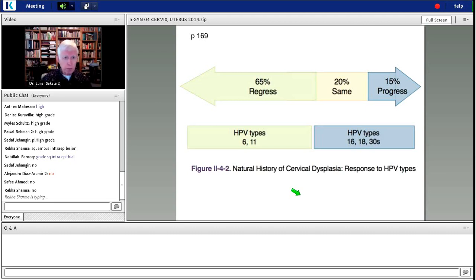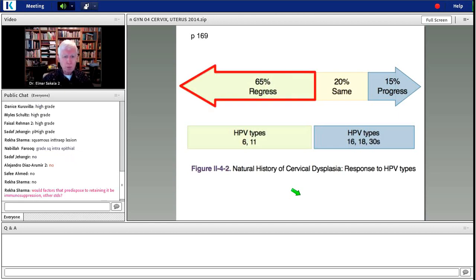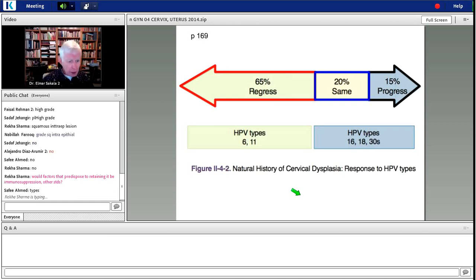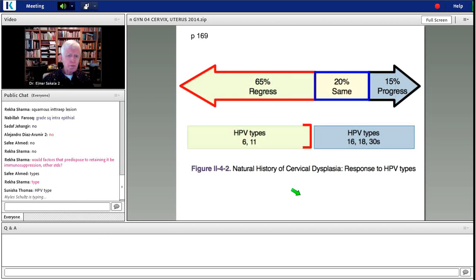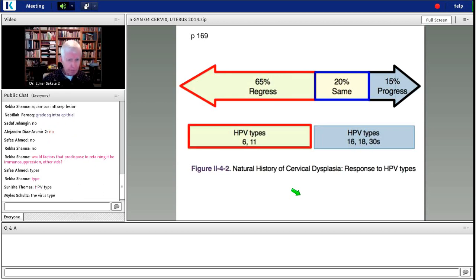All right, this is in your book on page 169. And what I was just saying is that the majority of HPV will spontaneously regress. 20% will stay the same, and only 15% will progress. So what is it that determines whether it will regress or whether it will remain? It is the HPV DNA type.